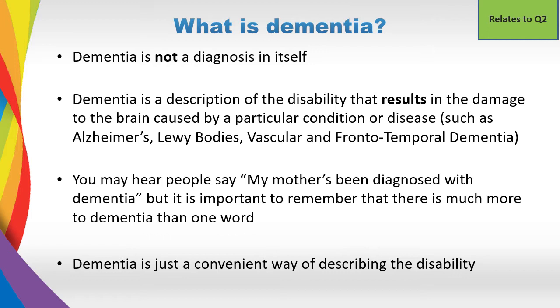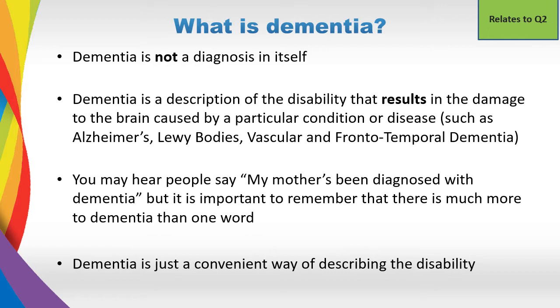So dementia is not a diagnosis in itself. Instead, dementia is how you describe the disability that results in the damage to the brain. And what causes this particular condition or disease is either Alzheimer's, Lewy bodies, vascular or frontotemporal dementia.